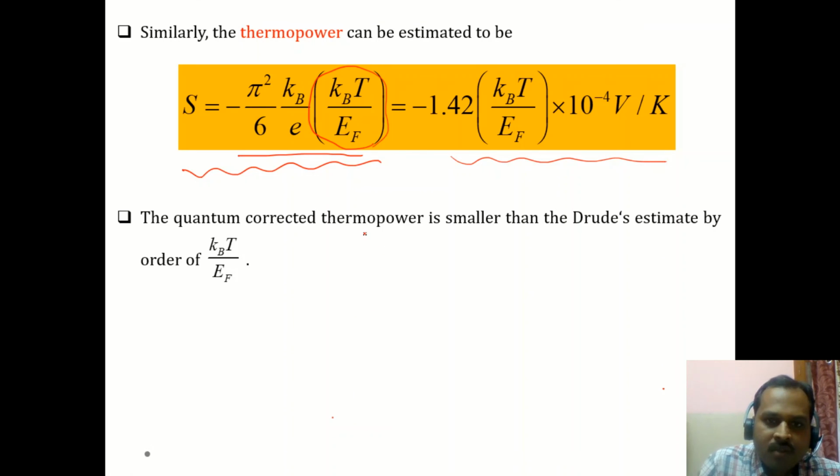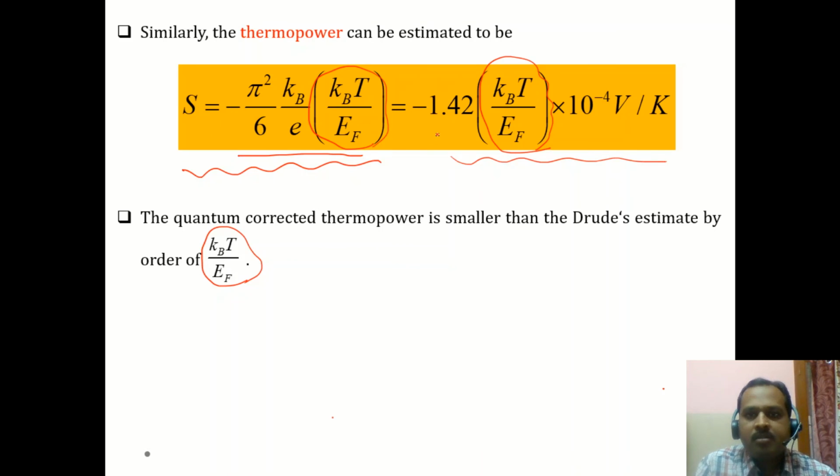And we saw that the thermal power is smaller than the classical values by an order of kBT by EF. This is the extra factor that we are getting in the thermal power expression. So this is the third major advantage of using the quantum corrections to the classical free electron theory.